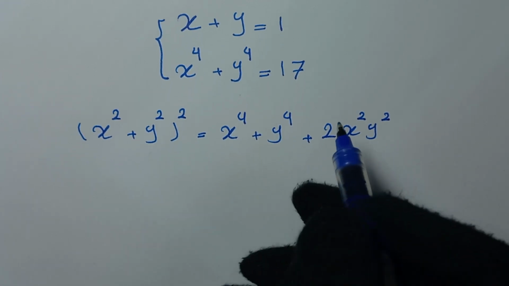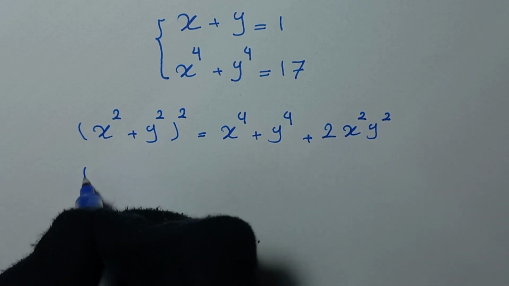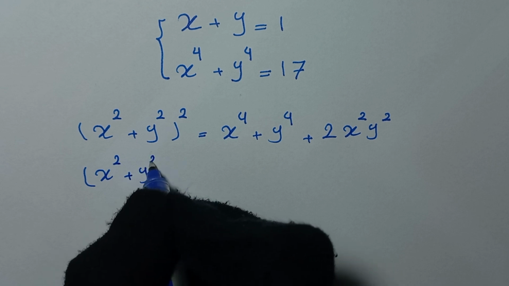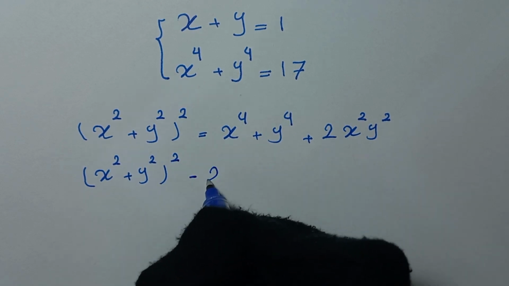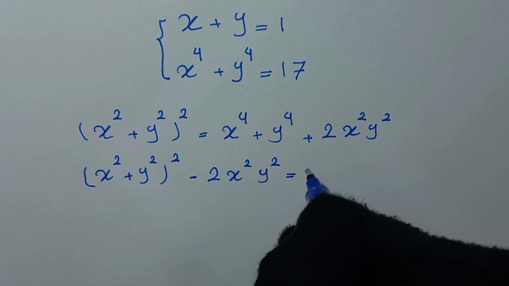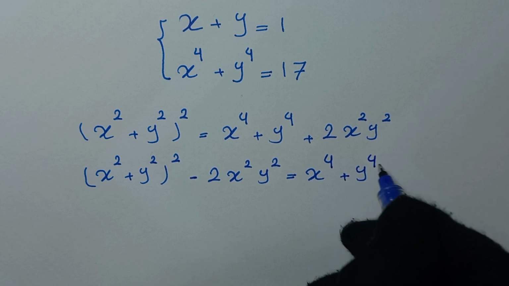So, in here, we take this 2x squared y squared to this side, and it will be (x squared plus y squared) to the power of 2 minus 2x squared y squared is equal to x to the power of 4 plus y to the power of 4.